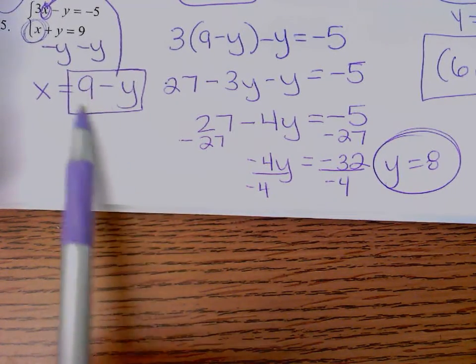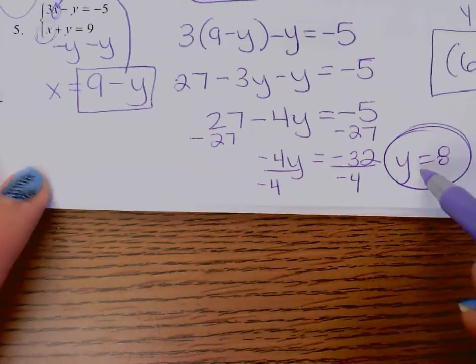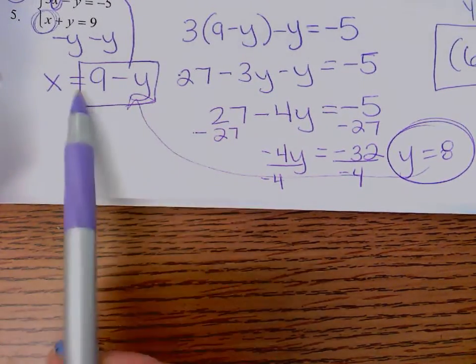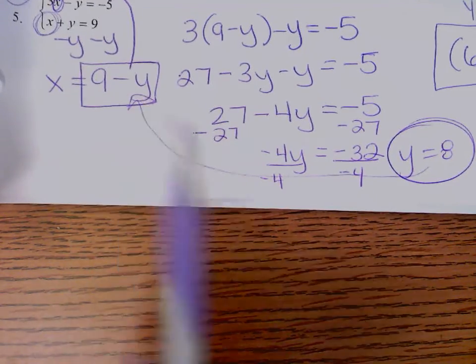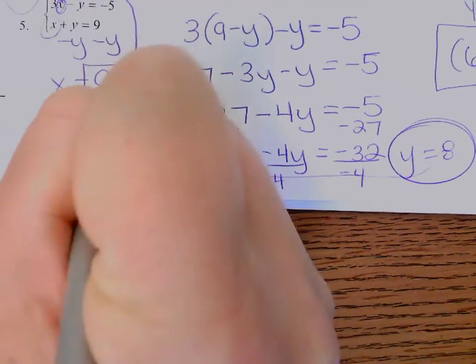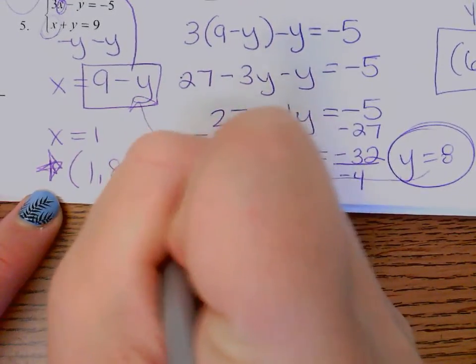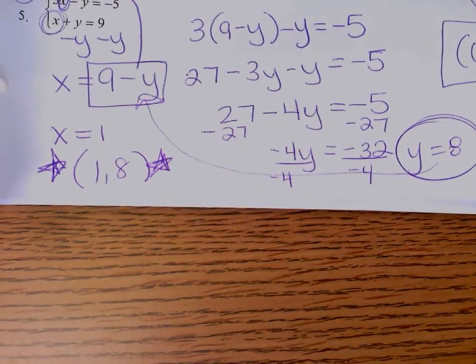I just substitute in my 8, and that basically tells me exactly what x is going to be, right? 9 minus 8, so x is 1. So 1, 8 is my final solution, my intersection point of those lines. So that is a lot of work, right?